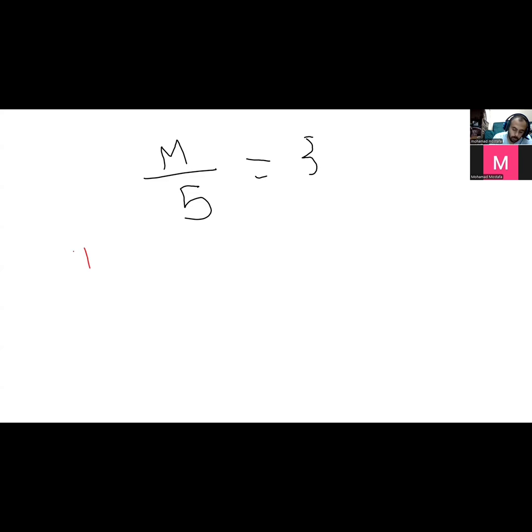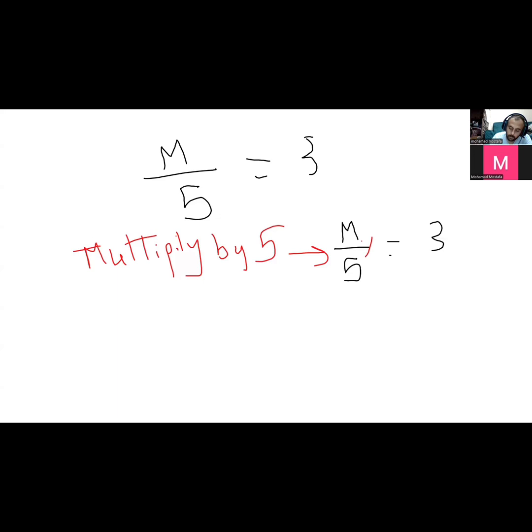So multiply by 5. So m over 5 equals 3, and multiply here by 5 and by 5. So m equals, because 5 is cancelled by 5 giving me 1, 15. Very good.